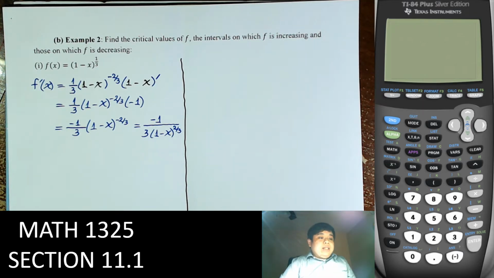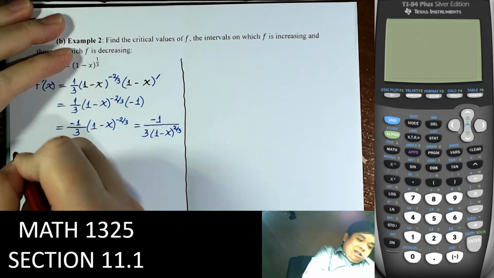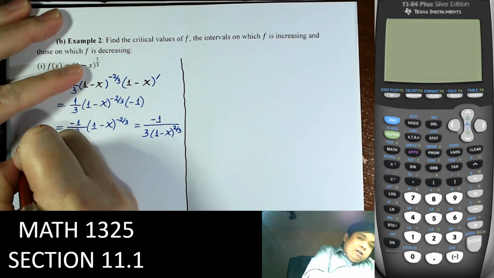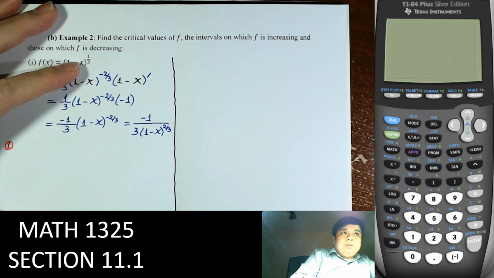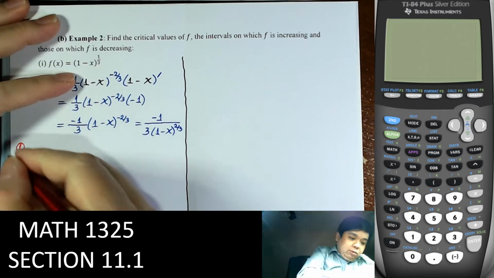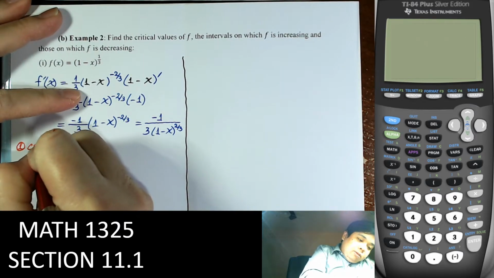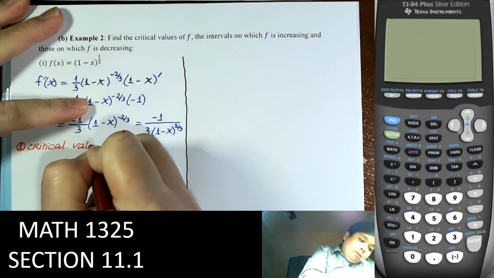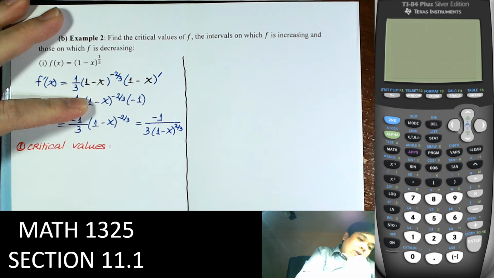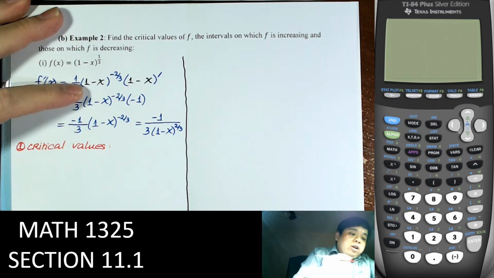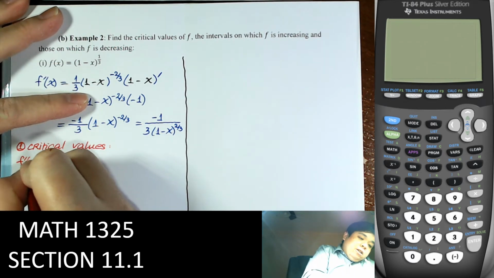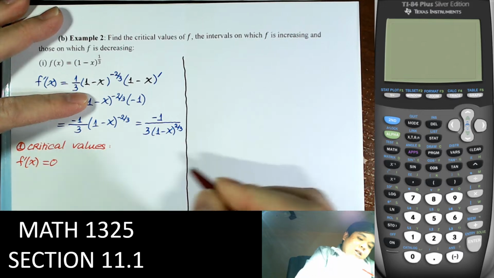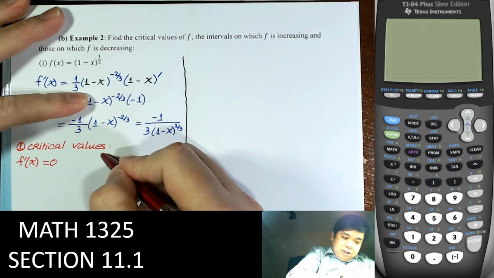What's next is to find the critical values. Critical values are where the derivative equals 0 or the derivative does not exist.